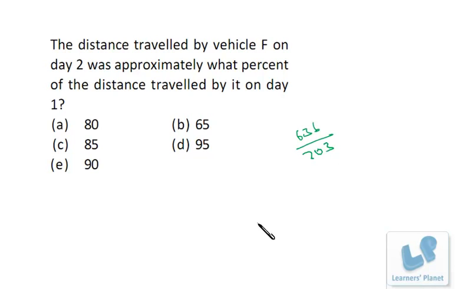Since we have to get the approximate idea, I make it 700, and we have to find the percentage. So 7 nines are 63 and it will be something around 90 to 91%, right? And since we have to calculate the approximate answer, our answer must be 90 because other options are quite far from this, right? I'm sure you are getting me.